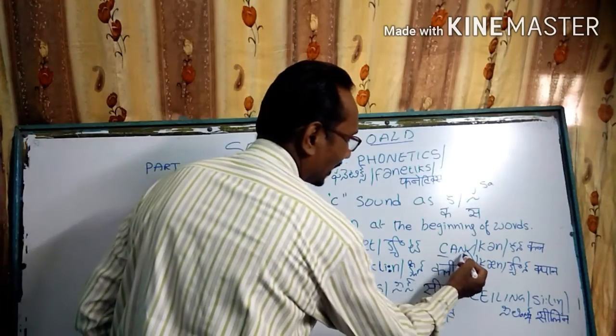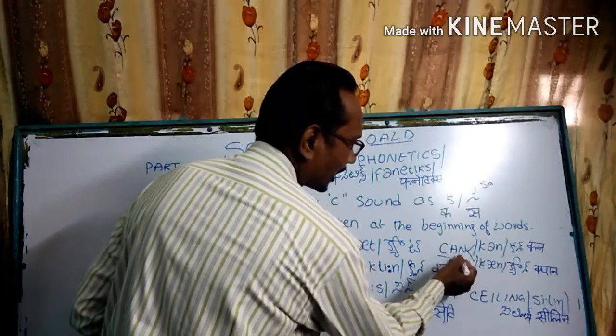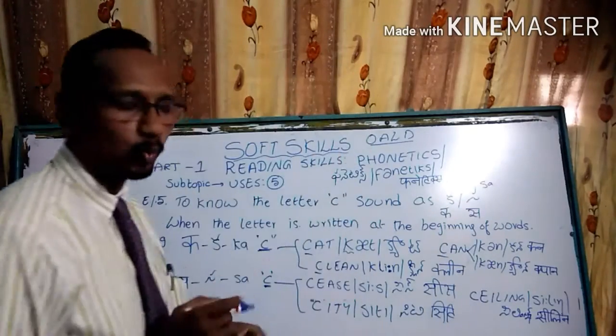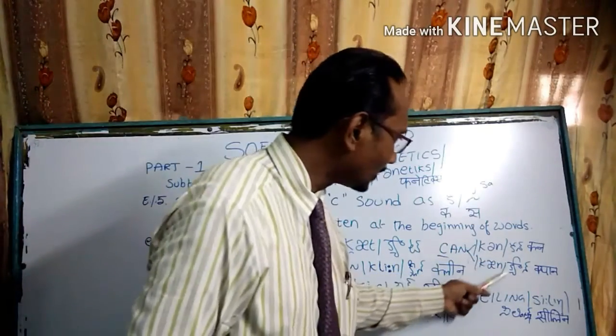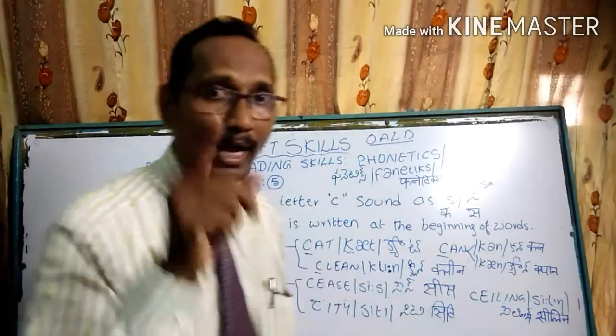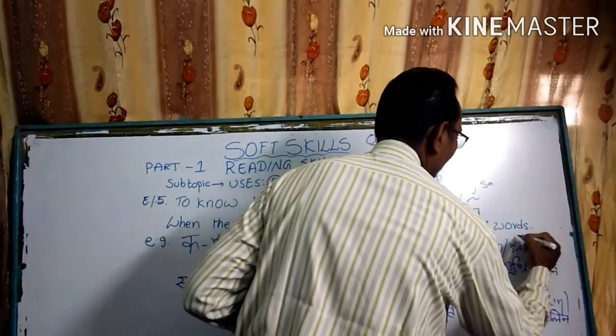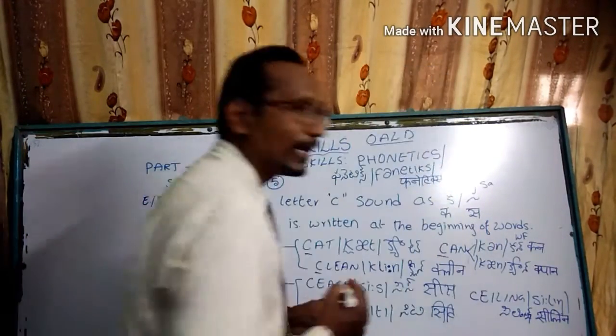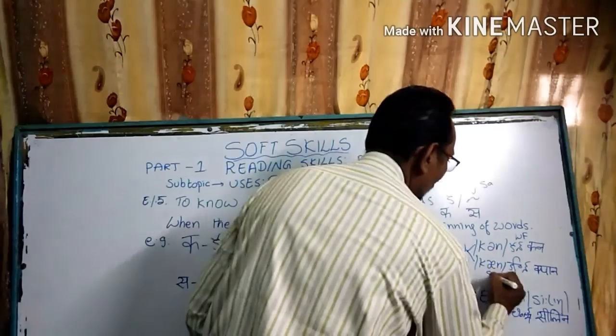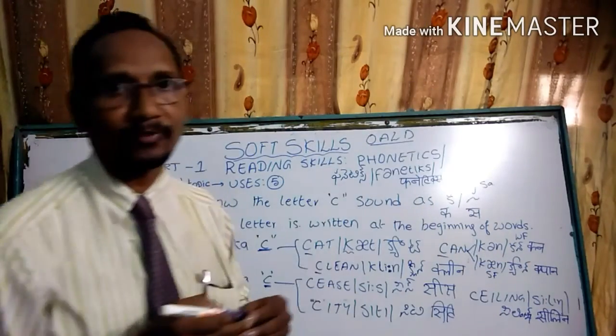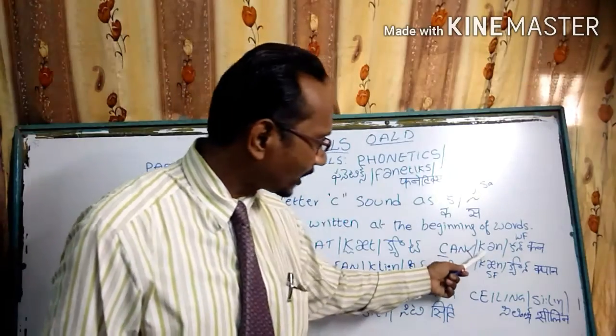So coming to CAN, this word can be pronounced in two ways. One is can, another one is can. Can is the weak form, WF is the weak form, and can is the strong form. In a dictionary we can find out the phonetic formation.